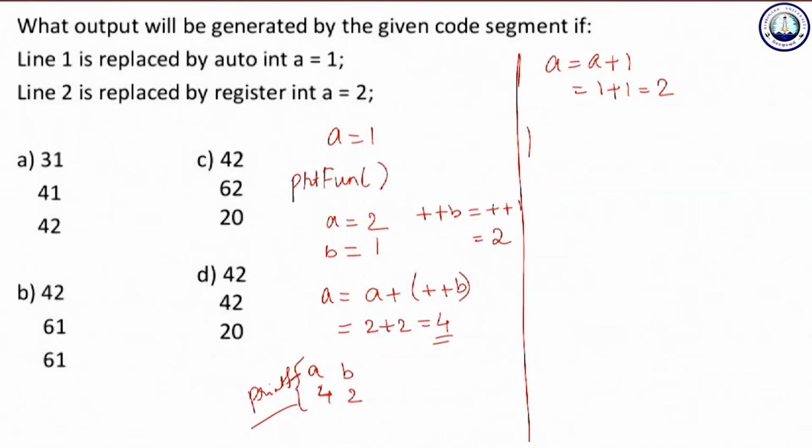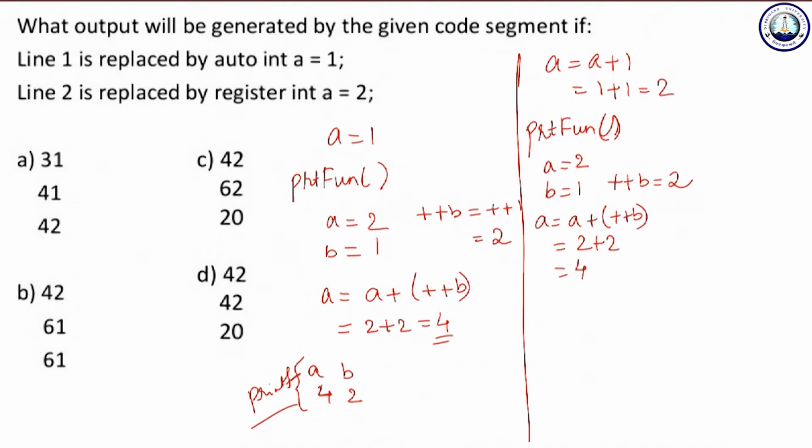So here the value of a will be 2 only and b is equal to 1. So a is equal to a plus b, here 2 plus 2, it will be 4. So when we do the printf, it will be 4 and 2.